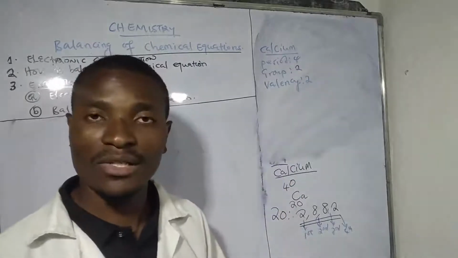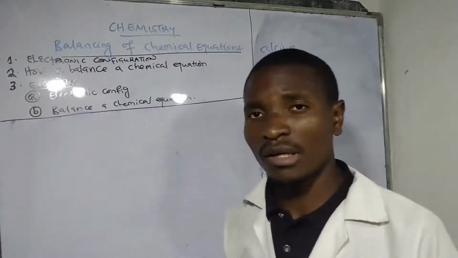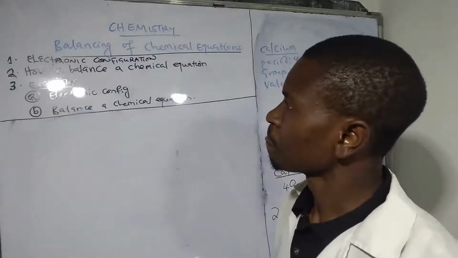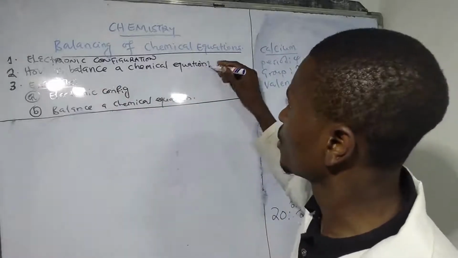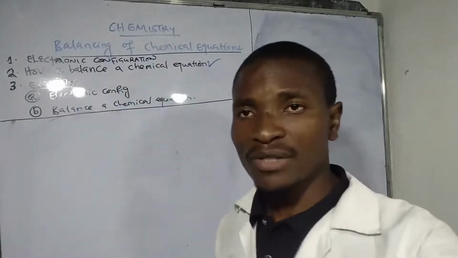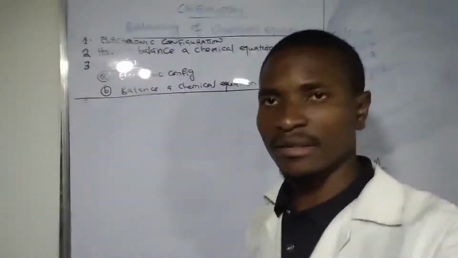Okay, now having understood those key concepts, we can move on to how to balance a chemical equation. For us to balance a chemical equation, there is some quick concept that we need to understand.